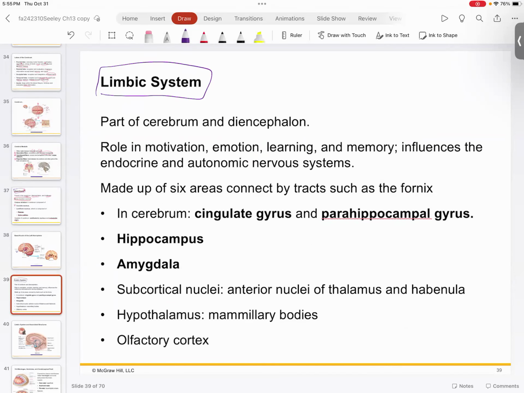Now, the limbic system is another one that's worth spending a little bit of time on because this is what really sets us apart, right? Because this is what we refer to loosely as our emotions, our emotion center. And because our emotions accentuate our experiences, they oftentimes will feed and reinforce our learning and our memory and our motivation.